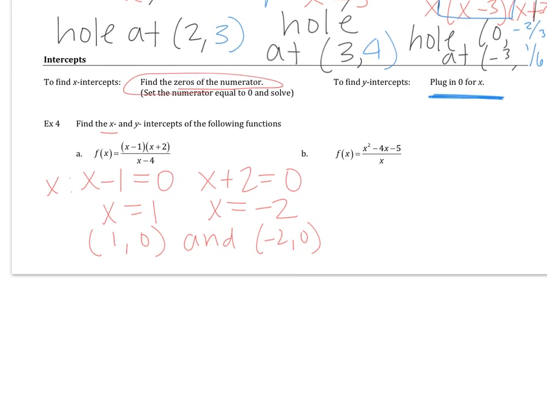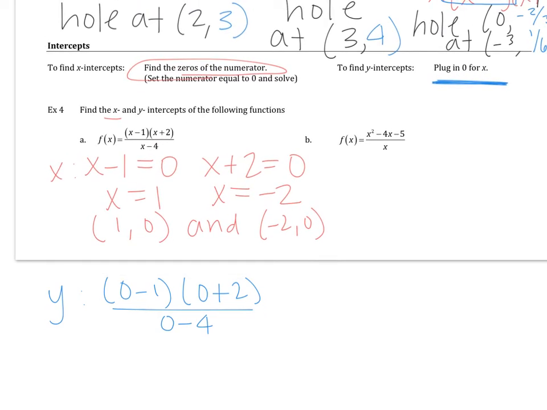And then to get my y-intercept, I'm plugging in 0 for x. So that's 0 minus 1 times 0 plus 2 over 0 minus 4. So that is negative 1 times 2 is negative 2 over negative 4, which is 1/2. So our y-intercept is 0, comma 1/2.